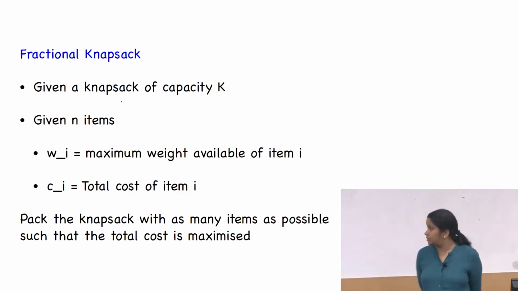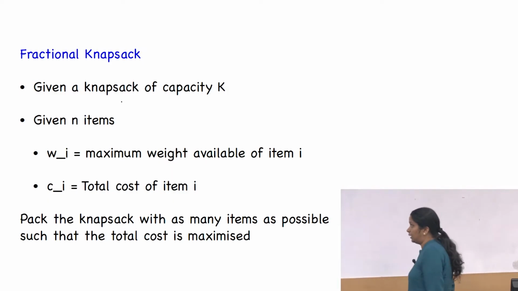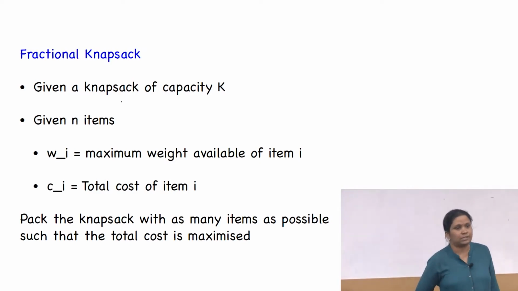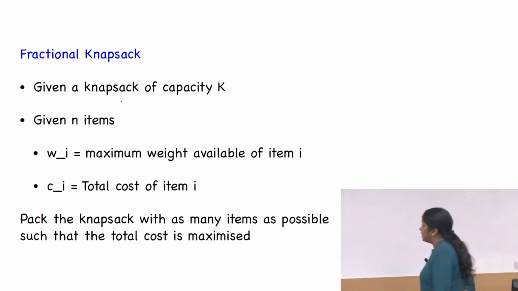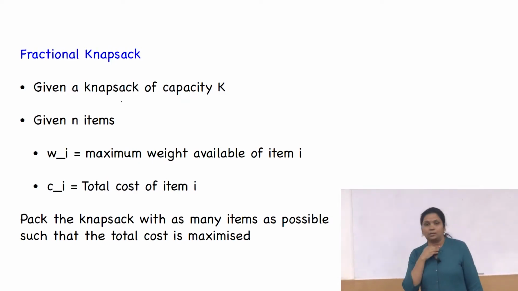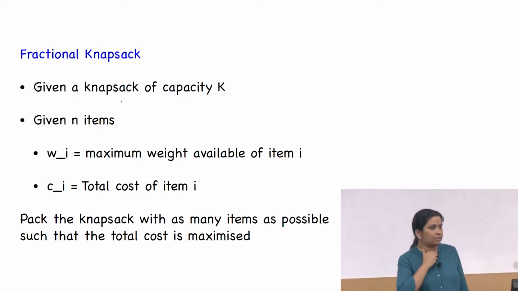Ci means that if you pack the entire Wi, you will get a cost or profit of Ci. The question is to pack the knapsack with as many items as possible such that the total cost or profit is maximized.